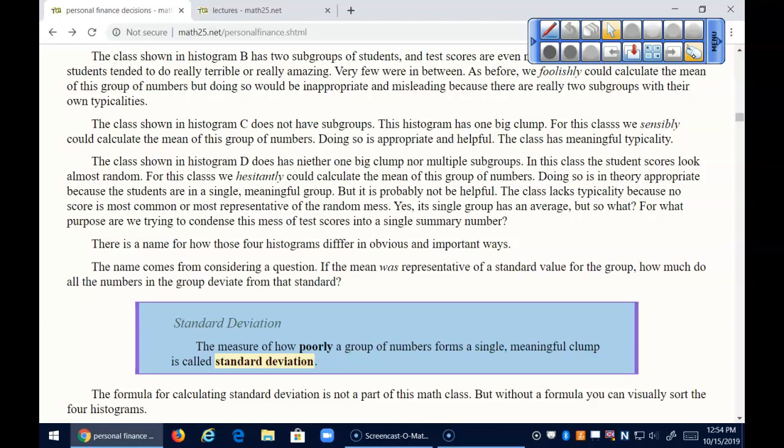And deviant here just means distance. How much it deviates from the mean, from the average. It's not deviant like unpleasant in some way. And so it's measuring how much things deviate. So the bigger your deviation, the more poorly the mean is representing the group. If there was no deviation at all the numbers would be exactly the same. You'd just have a spike for your histogram.